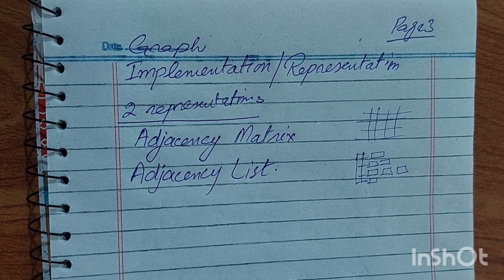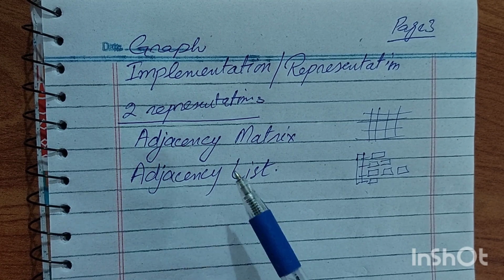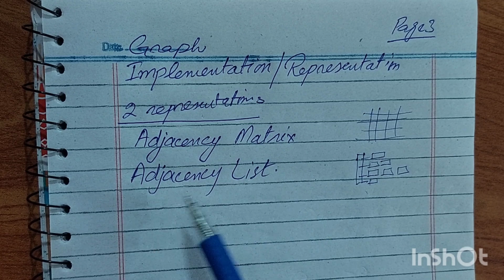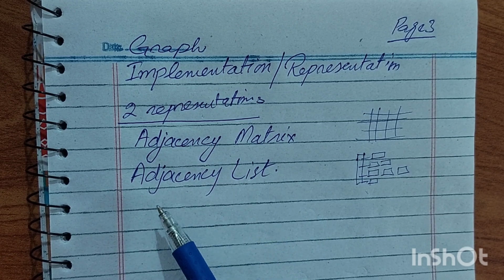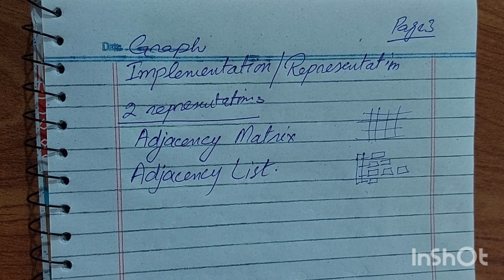So the question is, which one is better? It depends upon the algorithm. Sometimes adjacency matrix works better than adjacency list, and some other times adjacency list works better than adjacency matrix. It depends on the scenario and the algorithm and how these things are being executed.